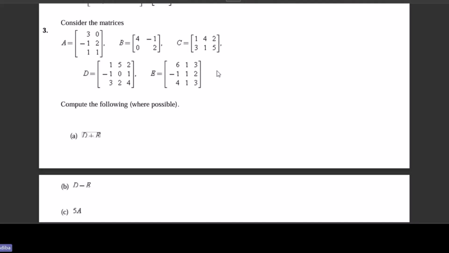Second row, 0, -1, -1. Third row, -1, 1, 1.